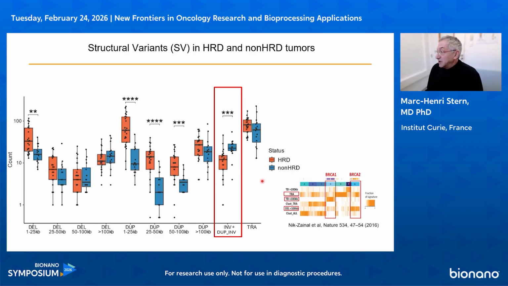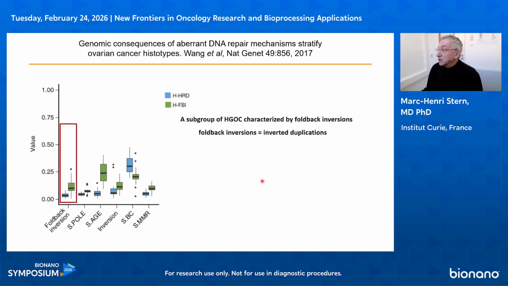However, we finally found that this was reported, not as inverted duplication but as foldback inversion, one year later by Wang and collaborators in ovarian carcinoma, with exactly similar results to what we found: higher foldback inversion or inverted duplication in non-HRD samples as compared to HRD samples.